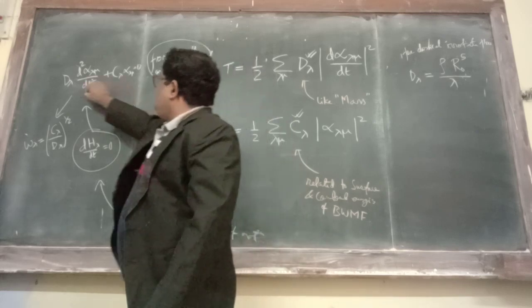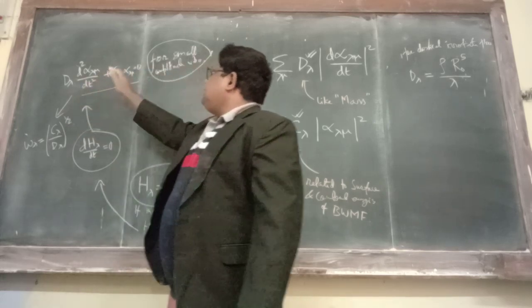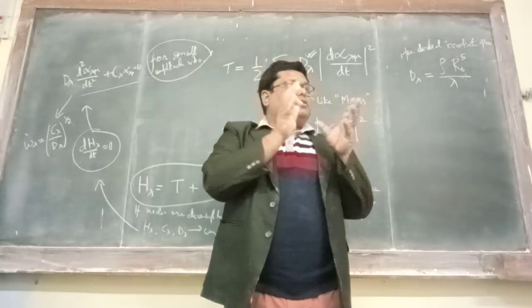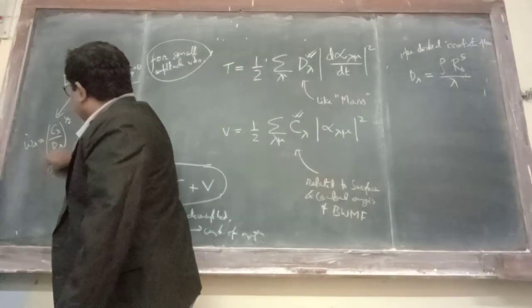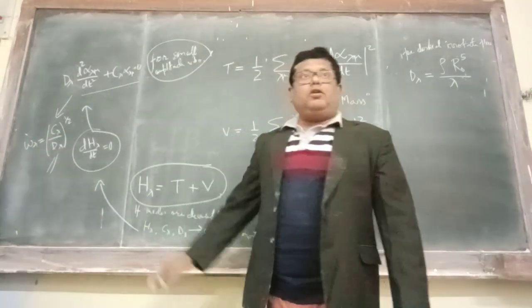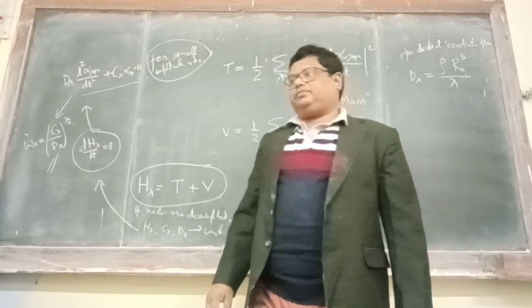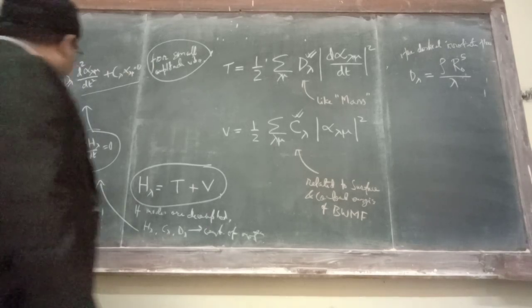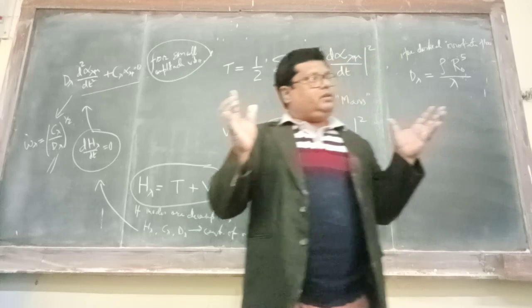And this will give me this expression, from which I can identify that this alpha lambda mu are undergoing small oscillations with this frequency. What I am telling you is this: I have told you the entire structure is vibrating, right?